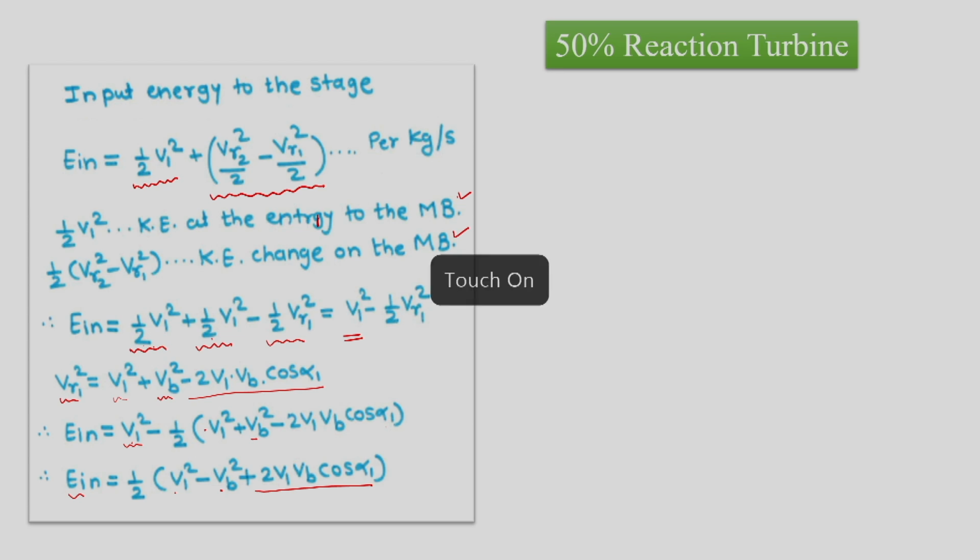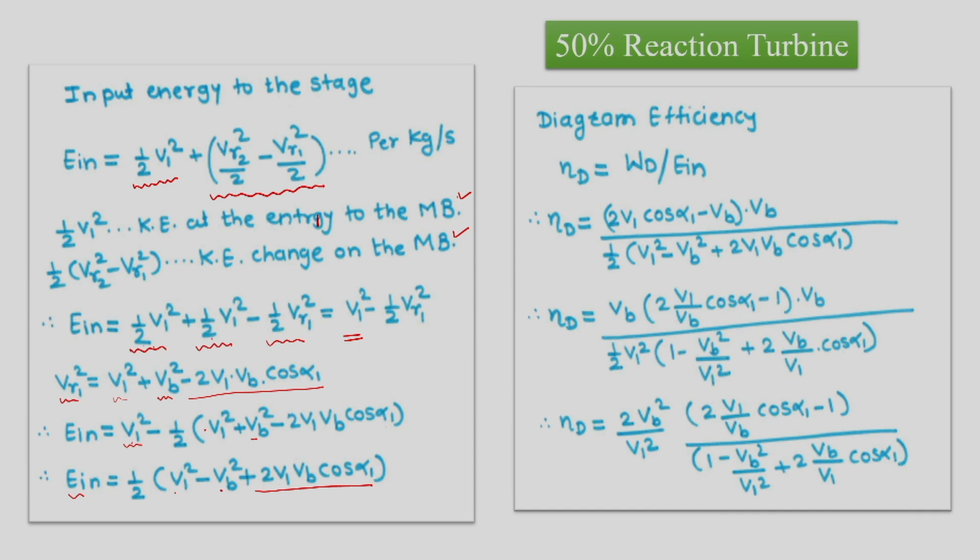Having known the input kinetic energy, we can now find the diagram efficiency for the 50% reaction turbine. So the diagram efficiency is work done divided by E in, and we knew earlier that work done is twice V1 cos alpha 1 minus VB into VB, divided by half into V1 square minus VB square plus twice V1 VB cos alpha 1.